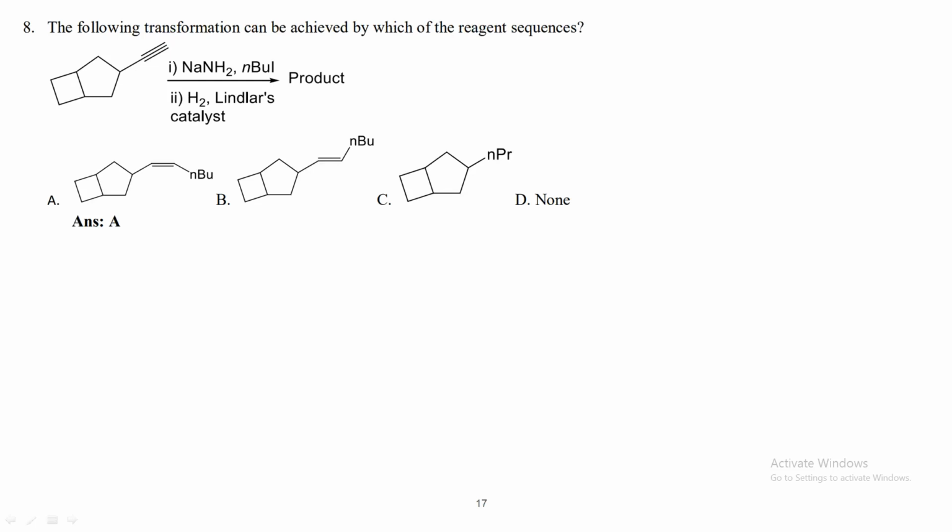Now let's see the next one. So it needs hydrogen, Na plus NH2 minus. So this is an acidic proton. So that's why we are using a strong base also.